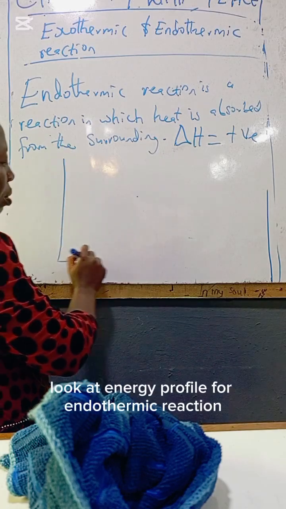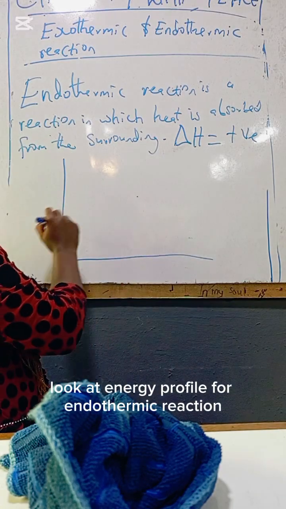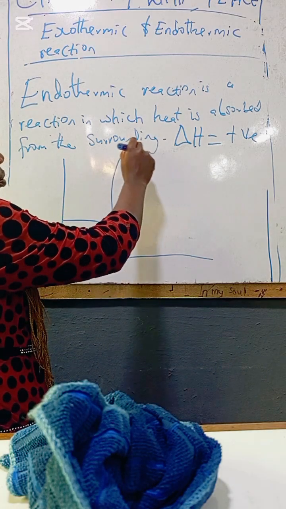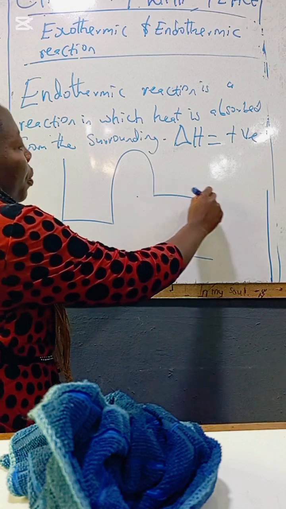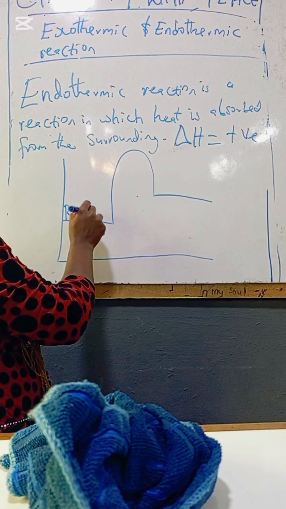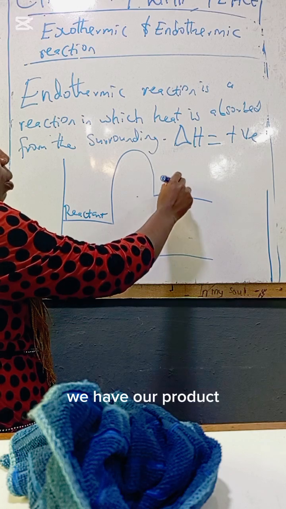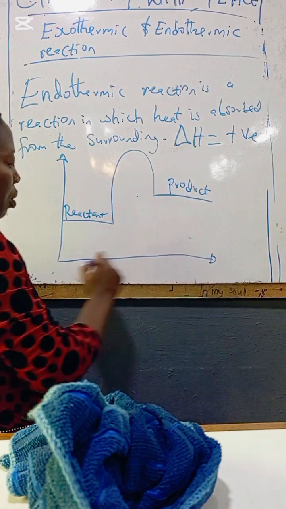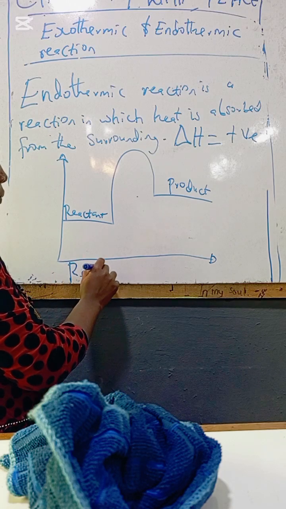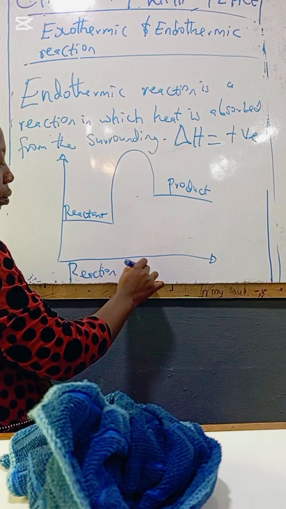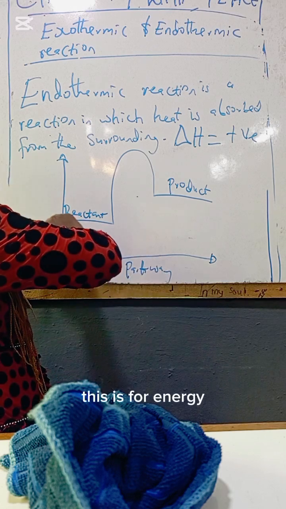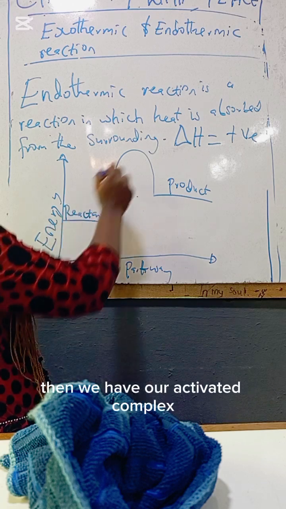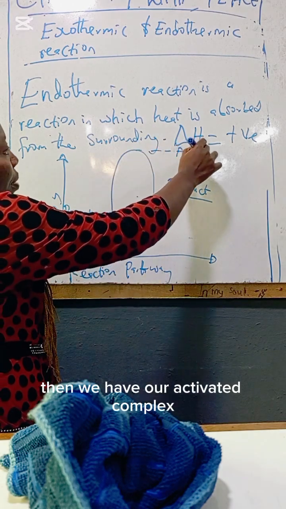Now let's look at the energy profile for an endothermic reaction. So for an endothermic reaction, we have our reactant, we have our what? Products, we have our reaction pathway. This is for energy. Then we have our activated complex.